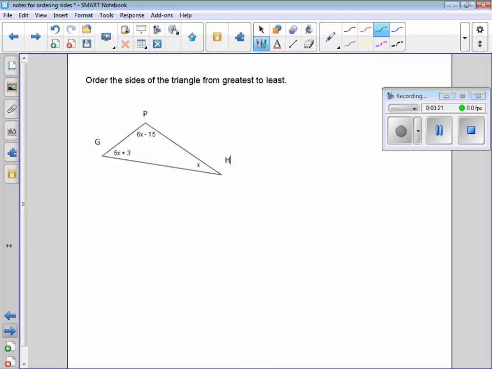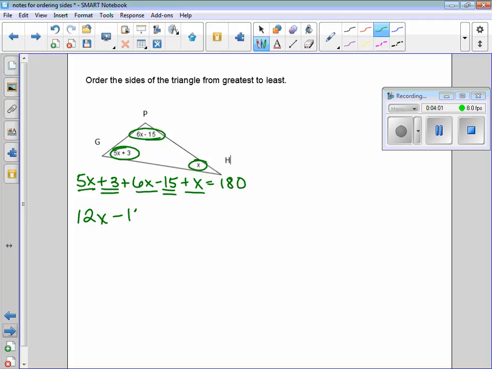In our next example, they want us to order the sides of the triangle from greatest to least. They didn't give me any angle measures, but I know the angles should add up to 180 degrees. So I can take these 3 items, add them up, and set them equal to 180. 5x plus 3 plus 6x minus 15 plus x equals 180. Combine like terms. 5x plus 6x is 11x, plus x is 12x. 3 and minus 15 is negative 12.